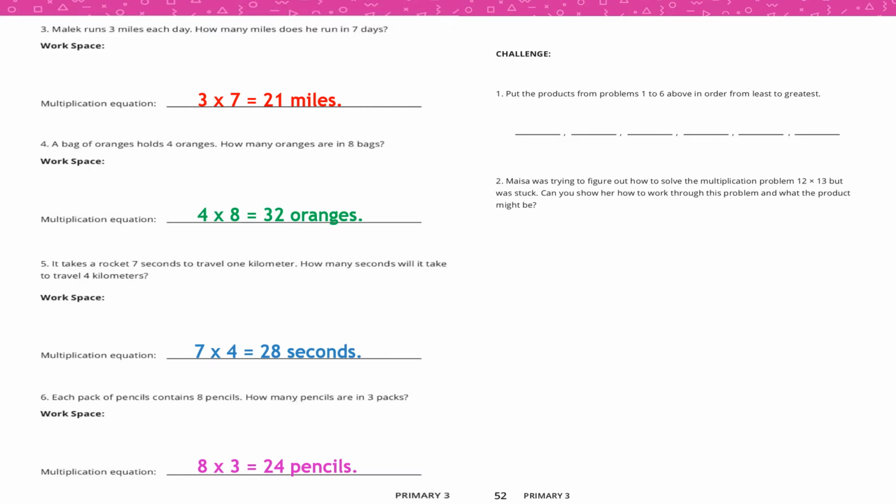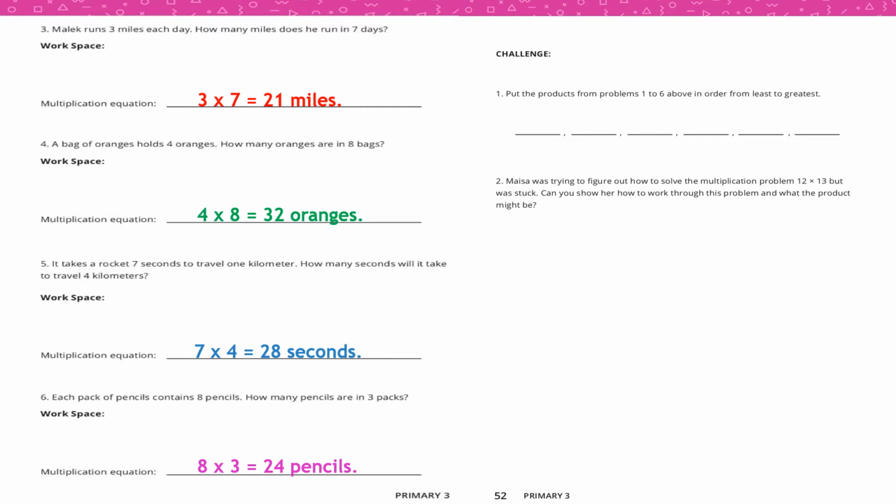Now, let's put our products in problem 1 to 6 above in order from least to the greatest. It means what? This order is called what? From the smallest to the greatest, it's called ascending order.